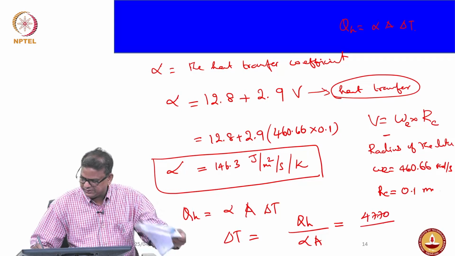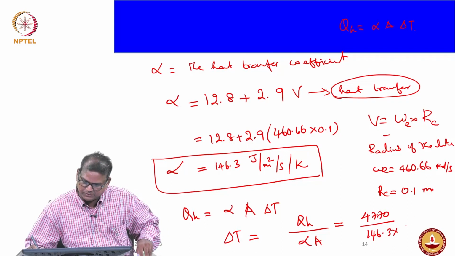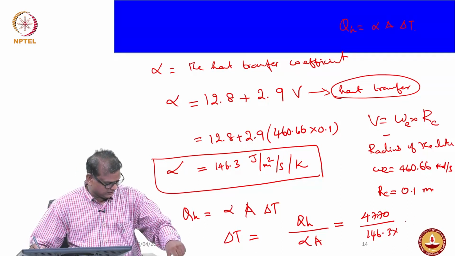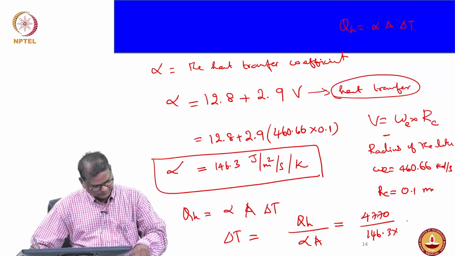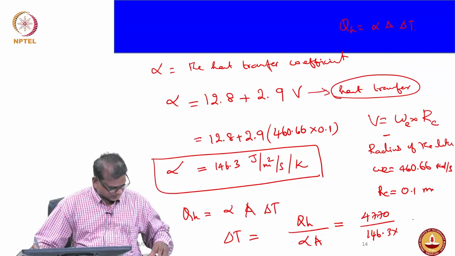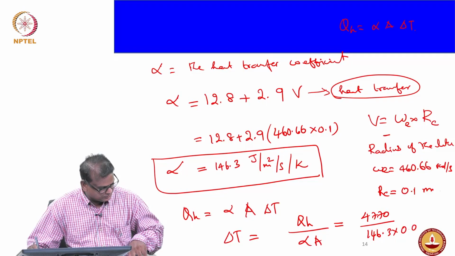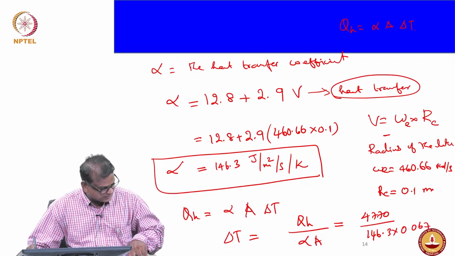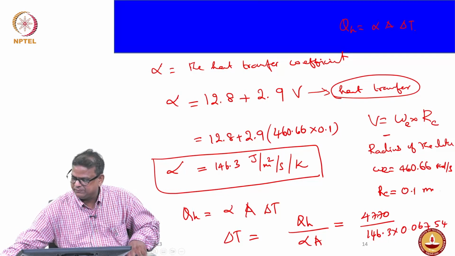Alpha we know 146.3. Surface area we know. What is the surface area we got? 0.06754. So what is the delta T you are getting now?